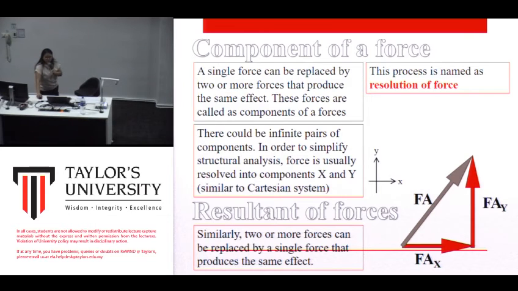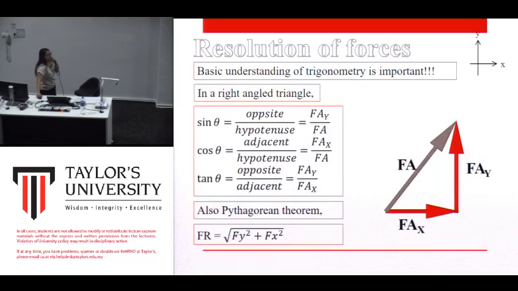In order to perform this, you have to recall what you have learned way long ago. You have the sine theta, cos theta, and tangent theta. I'm not going to go through all this because these are the basics which you have learned already. So if you are not sure about this, Google it, ask your friend.